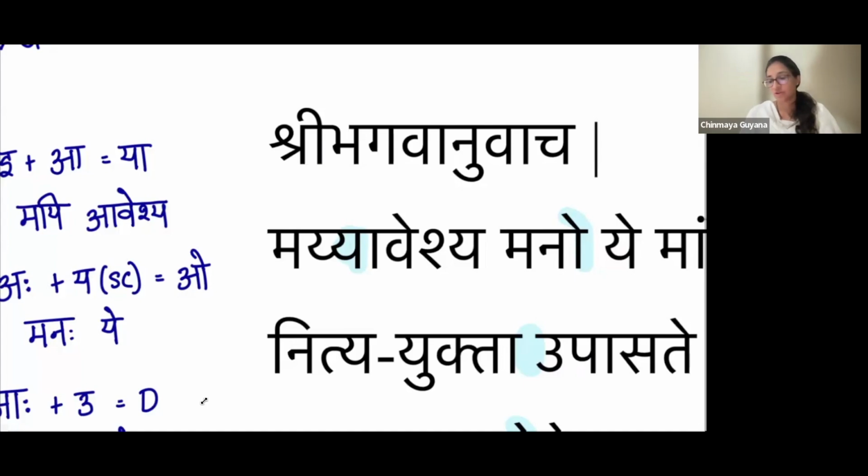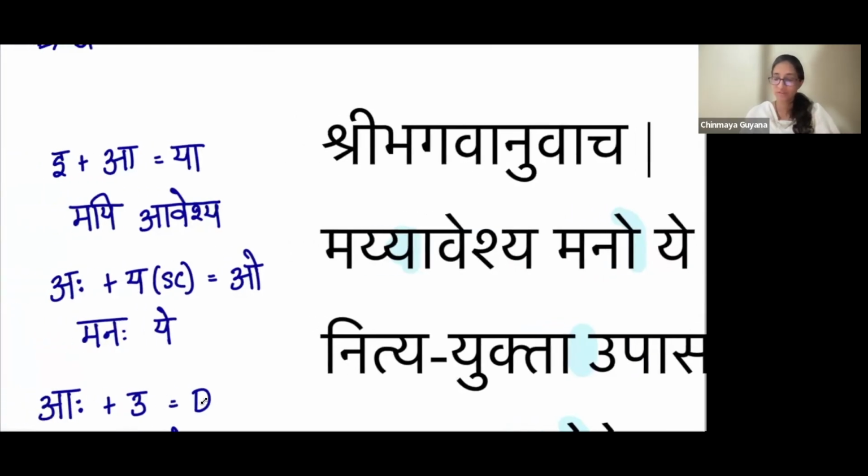Okay? So when do you get O with visarga? See, right before this, there's a na, right? There's an a, and right after there's a y. So the rule is aha plus soft consonant equals O. And the original word is going to be manaha, ye.